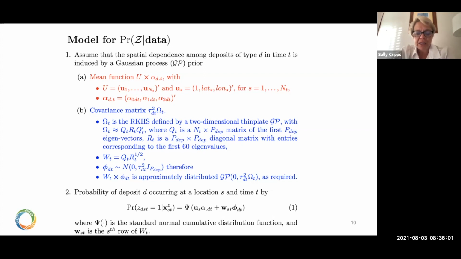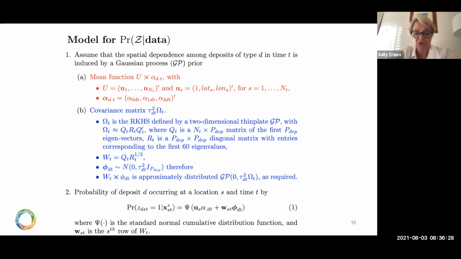So then we are able to construct the probability of a deposit at any particular location, a deposit which is D, the little d there, depends upon whether or not it's evaporite, coal or glacial, conditional on its location. And instead of using a usual logit function to model that, we're using a probit function, in other words, the link function is the standard normal cumulative distribution function.